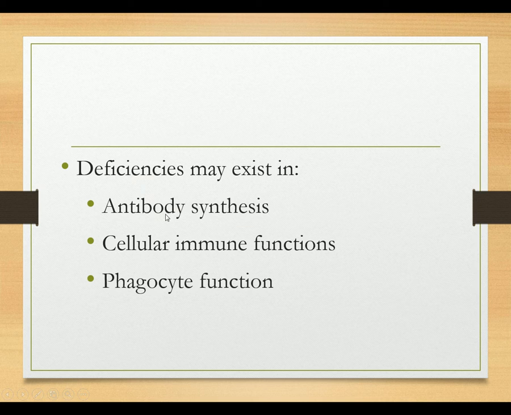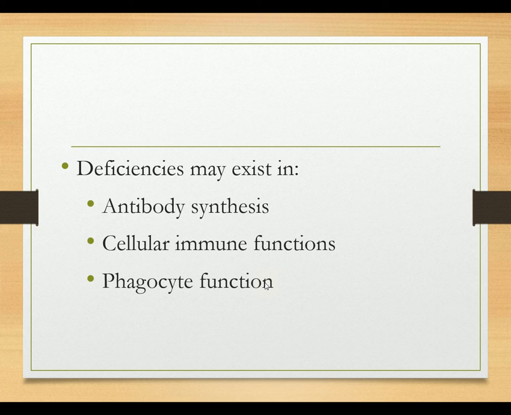Anytime you see antibody synthesis, think B lymphocytes. Cellular immune functions: anytime you see cellular, think T cells or T lymphocytes. And then phagocytic function, and of course, phagocytic function is when we have some type of inflammatory response. So these are the areas that deficiencies can exist in when we talk about primary immunodeficiencies.